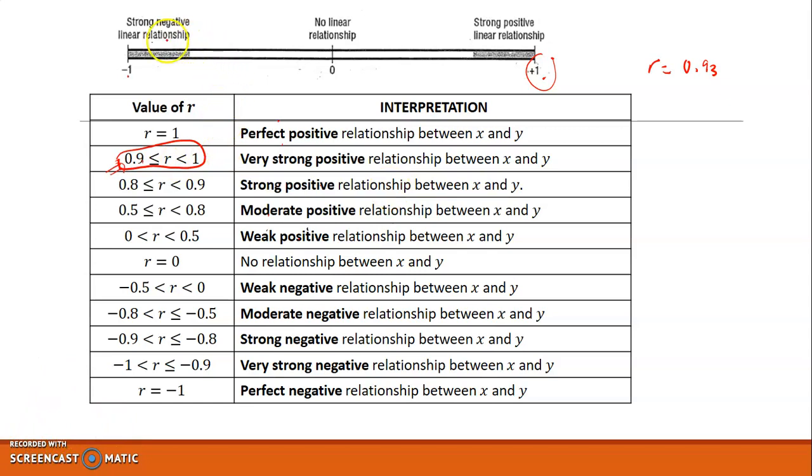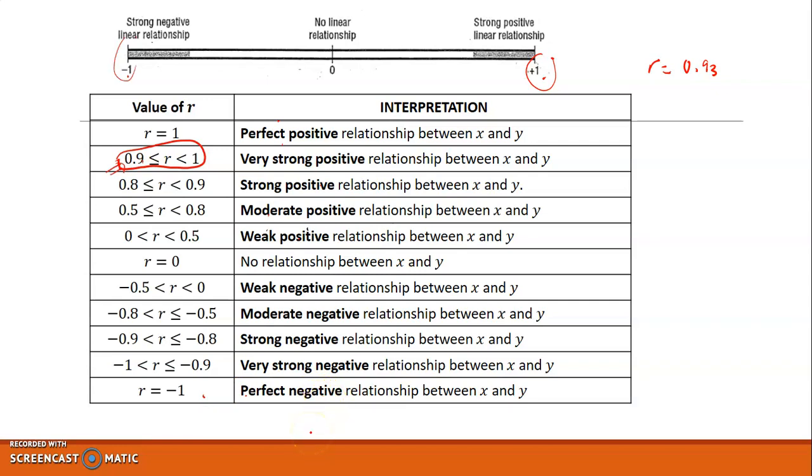Now let's look at the negative relationship. When your R value is exactly negative 1, you can say the relationship is a perfect negative.